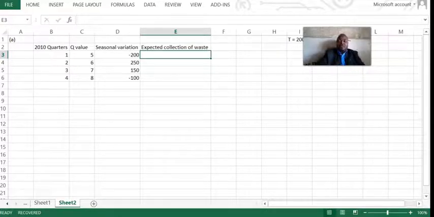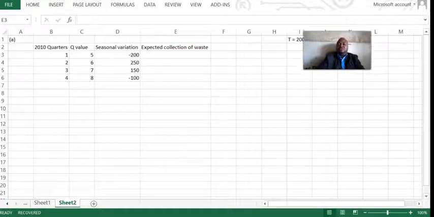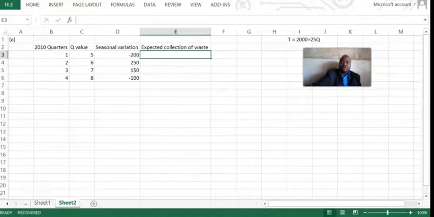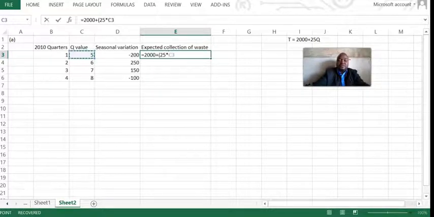Remember, we are having our model. The model should lead us, that is T is equal to 2000 plus 25Q. So obviously here our T, the expected collection of waste, should be equal sign 2000, because that's our T, 2000 plus in bracket 25 multiplied by Q, and our Q is this one.